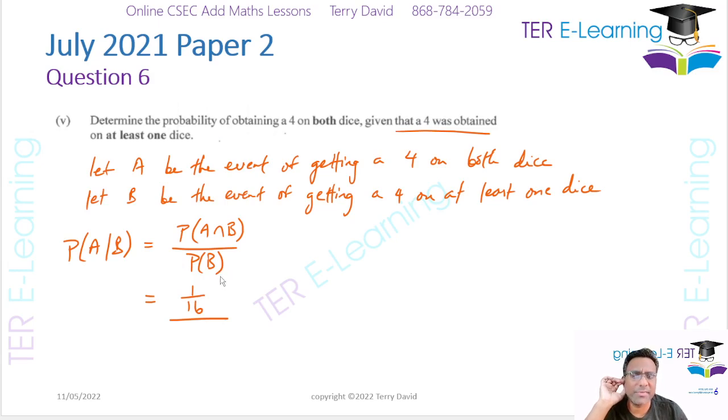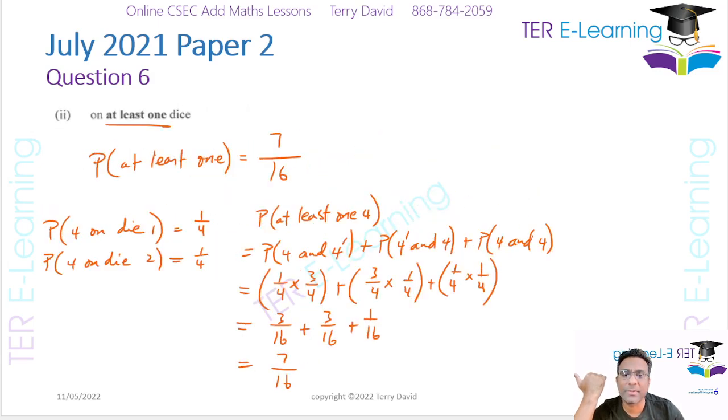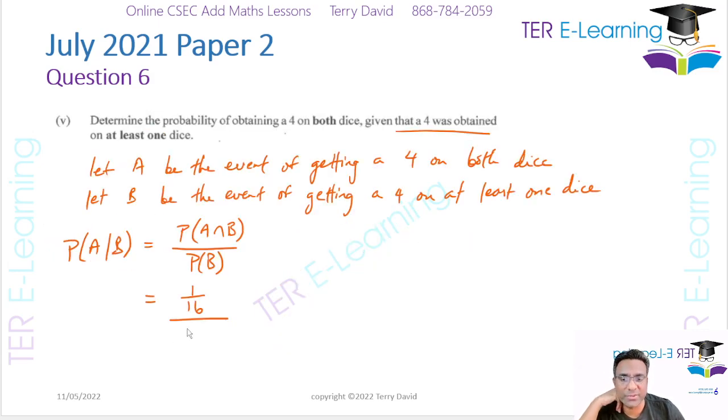In the case of the probability of B, you can get that from the sample space. Yeah, at least one, it was 7 over 16. So all we need to do is divide this by 7 over 16, and that's going to give me 1 over 7. So that's my conditional probability here.